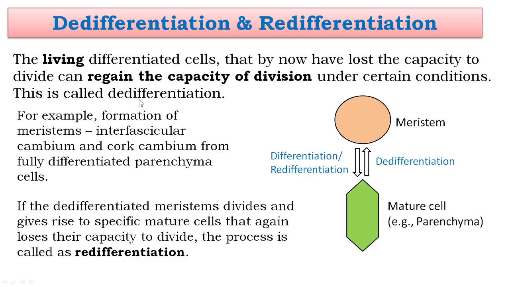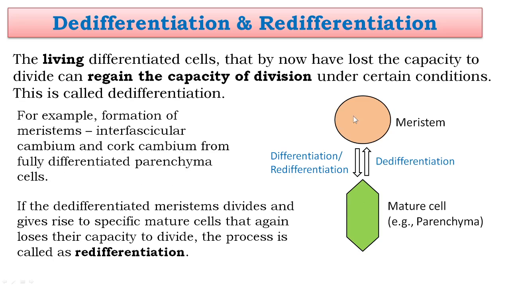When a meristematic cell becomes a permanent, mature cell, that is differentiation. When a mature cell becomes meristematic and regains the ability to divide, that is dedifferentiation. Examples are the formation of meristems, for example interfascicular cambium and cork cambium, from fully differentiated parenchymatous cells.